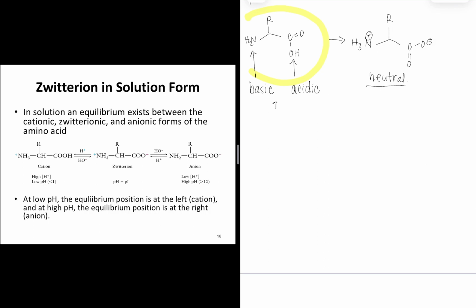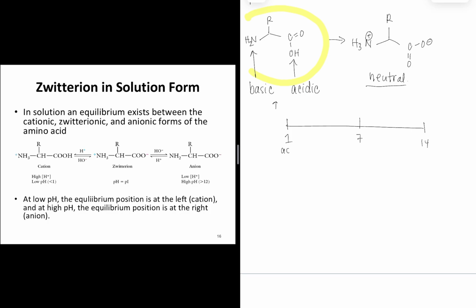Our amino acid, depending on the pH it's in, is going to have potentially a positive charge or a negative charge. So if I'm thinking about my zwitterion in various pHs, I have a pH scale here, and I have a neutral pH of 7 here, and then I have a pH like 1 or a pH of 14.